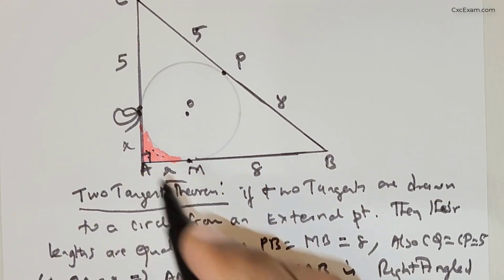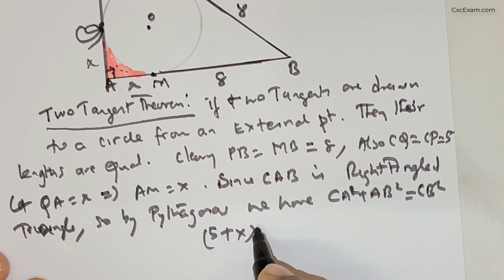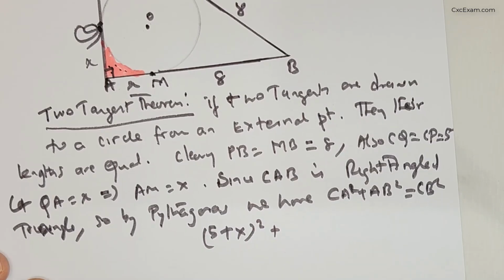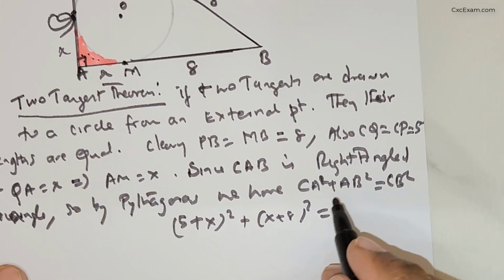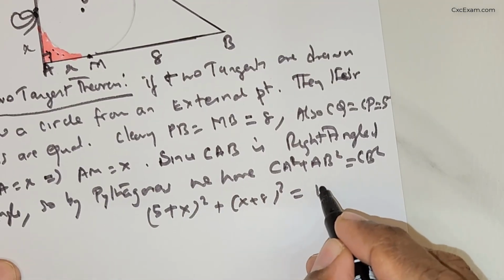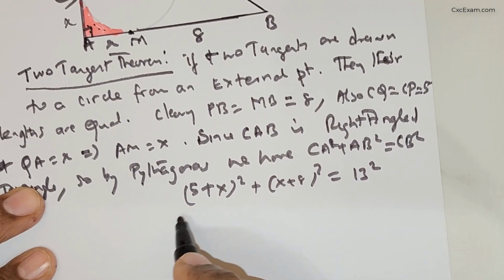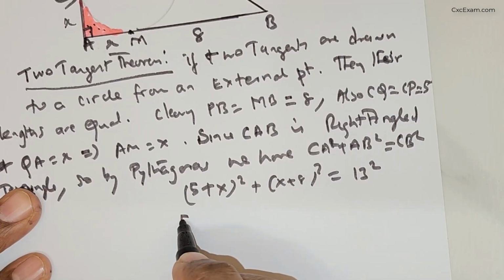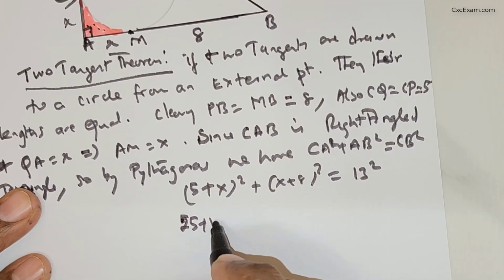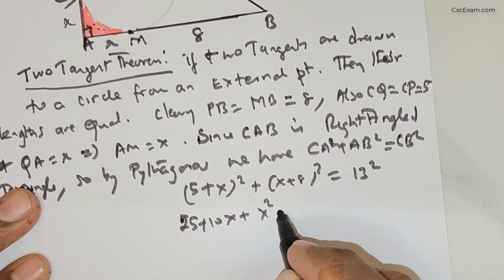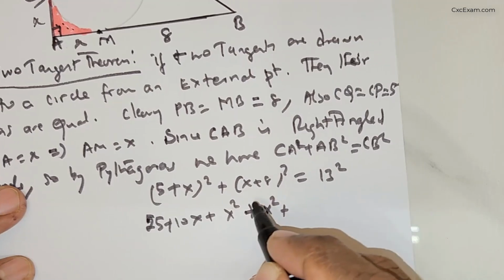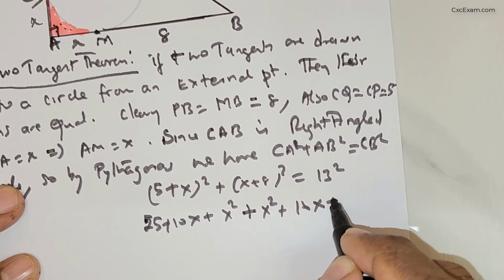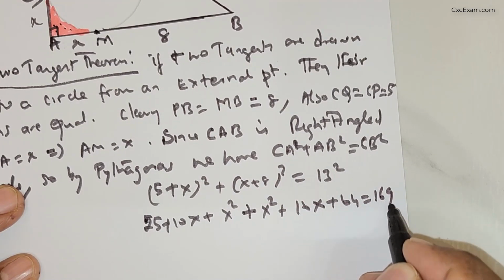So (5 + x) squared plus AB squared, which is (x + 8) squared, is equal to CB, which is 13 squared. So this is 25 + 10x + x squared + x squared + 16x + 64 is equal to 169.